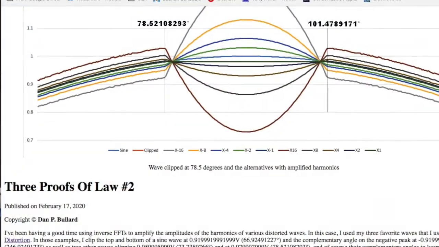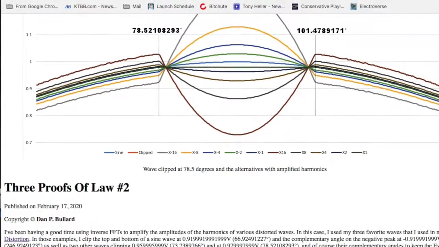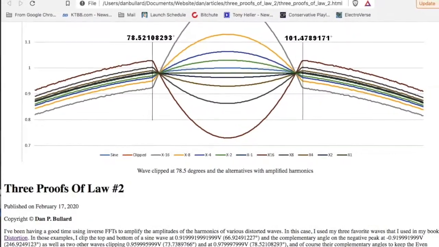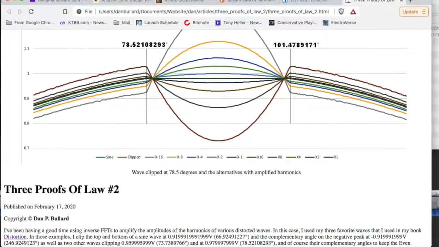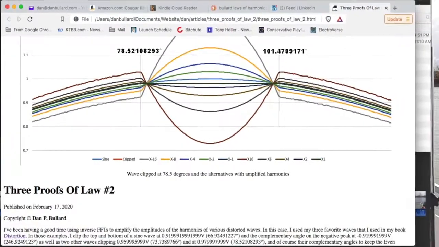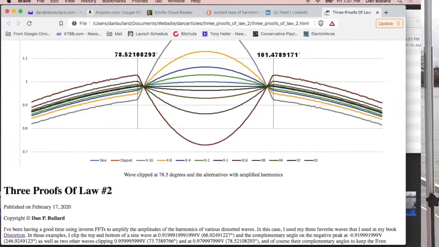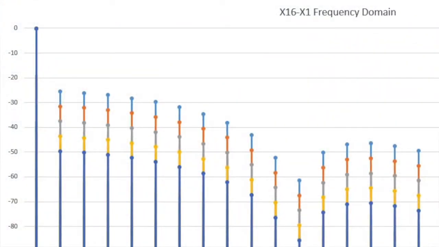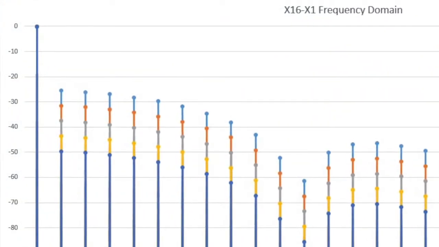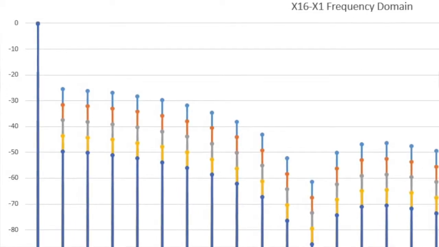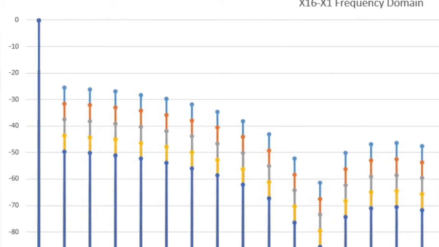But anyway, so here's the article I'm talking about, 3 Proofs of Law 2. What I do is I clip the top and bottom of the wave off, and then you get this beautiful picture that shows the top and bottom clipped off. Because what I did was, not only did I clip the top and bottom of the wave off, but I then went in and I used complex math to add 6 dB or 12 dB or 18 dB or 24 dB to the harmonics.